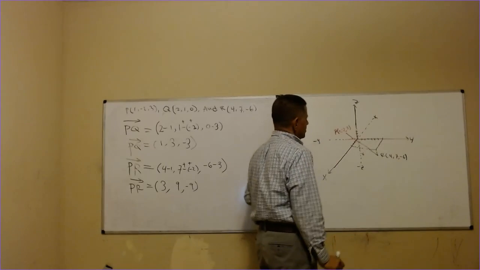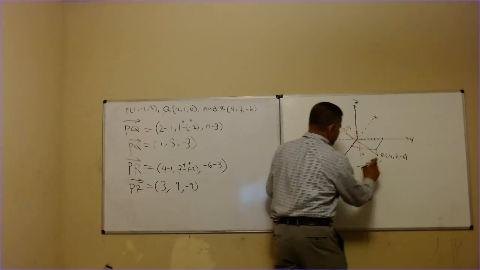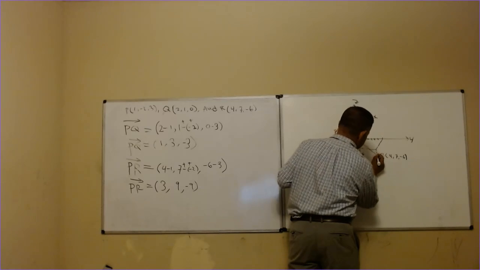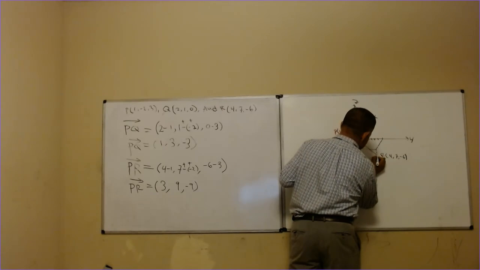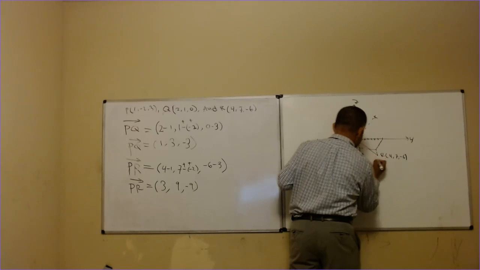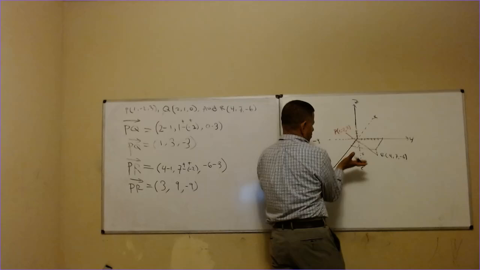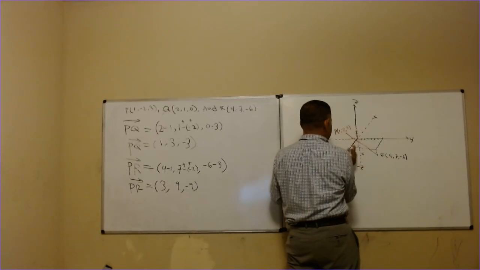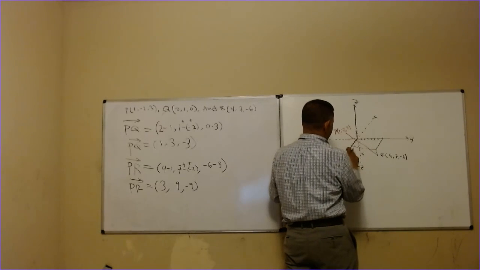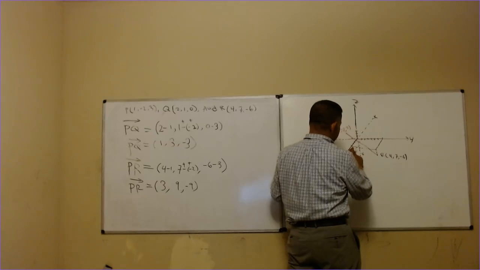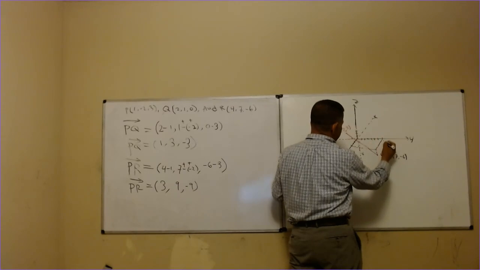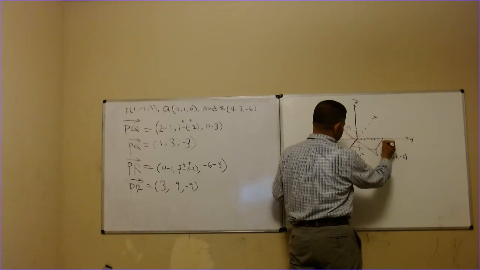Okay. So this is the point. And, right? So that will be the point, right? So this is the direction from positive 4 to y equal to 7, right?